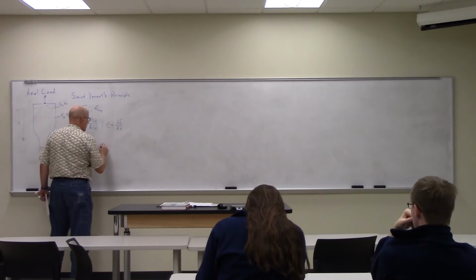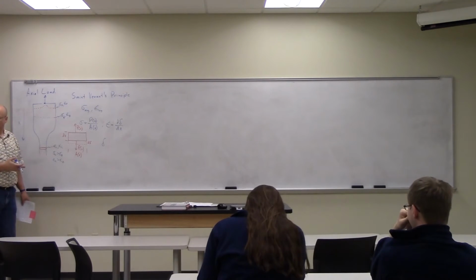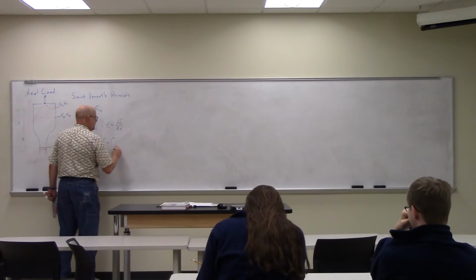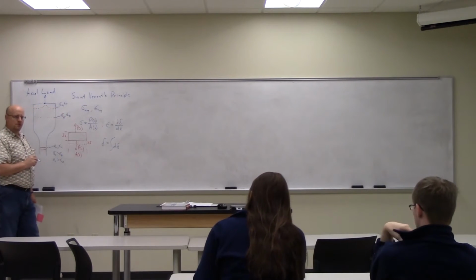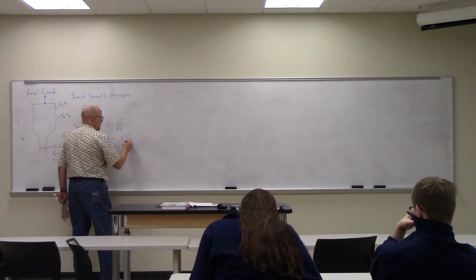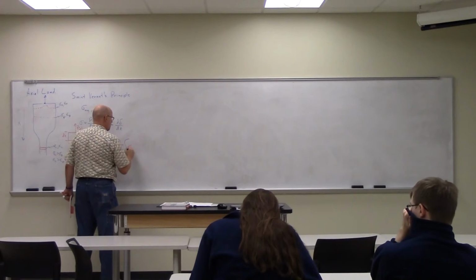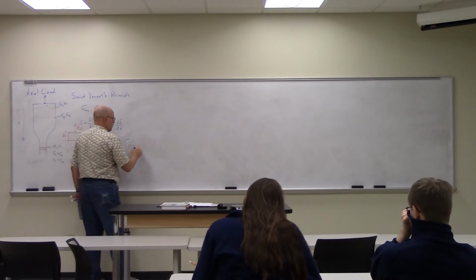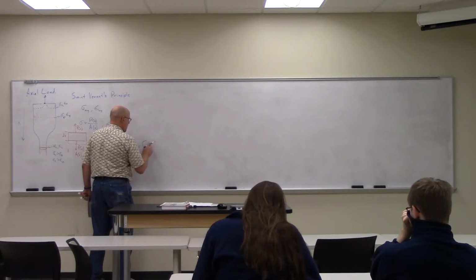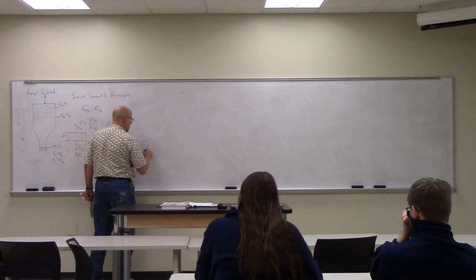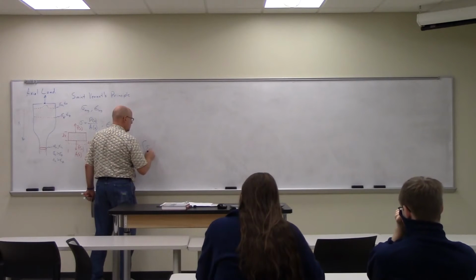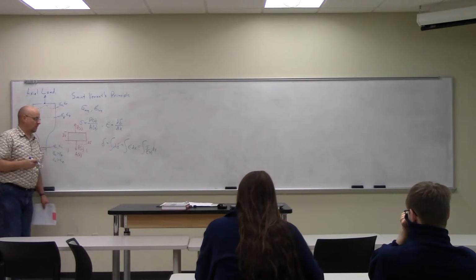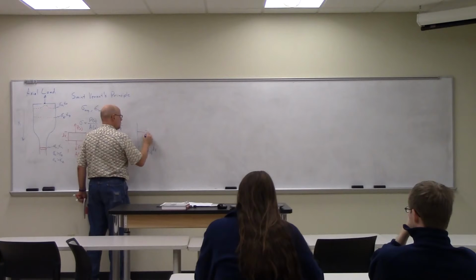So if I want to know what the total delta is for the entire sample, how much my whole sample stretches, I'm going to have to integrate all these d deltas. So that's going to be the integral of epsilon dx, or I could rewrite that as the integral of sigma over E dx, because epsilon is related, if we're in the elastic regime, so from here on over, we're assuming it's elastic.